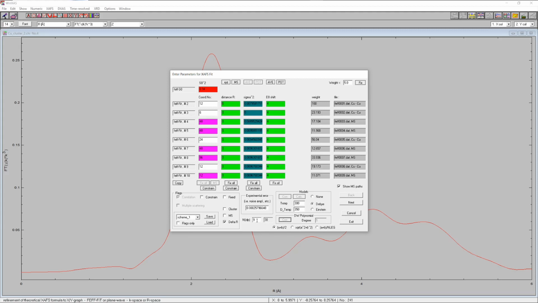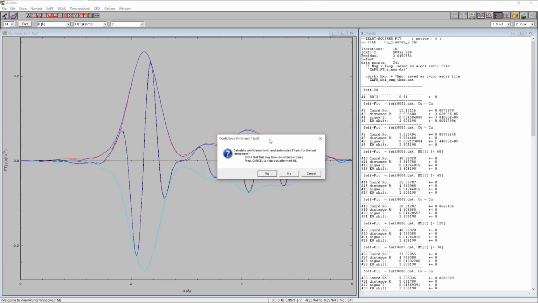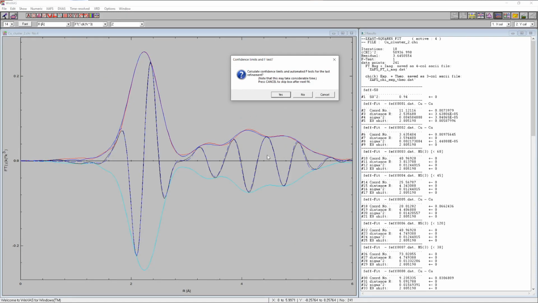So we are again at 9 free running parameters in the refinement, 30 independent parameters. So let's start the refinement. And again, we get a good agreement here in amplitude and also in the imaginary part. So I'm going to skip calculating confidence limits and automated F-tests now.